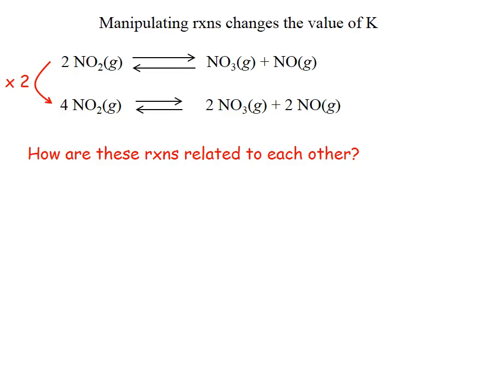So the K values in this case, you would square the K value given for K1, and that would give you the value for K2. And so you raise K to the power that is equal to how much you multiplied it by when you converted one reaction to the other. So if reaction 2 is reaction 1 times 2, then K2 is K1 raised to the second power.